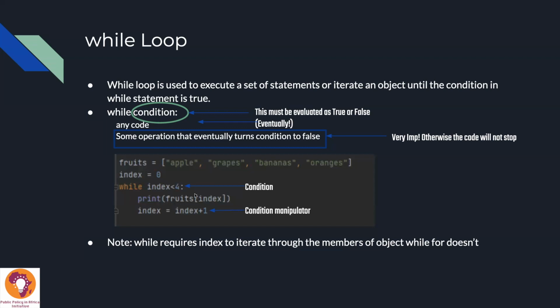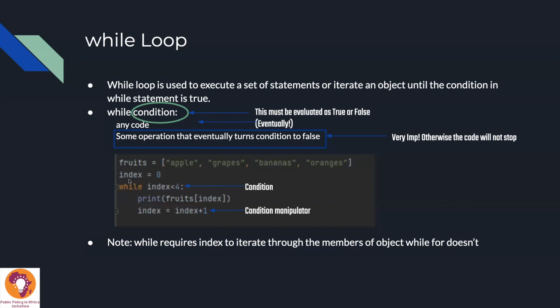In this particular case, we're going to create a list of fruits: apple, grapes, bananas, oranges. We're going to create an index variable and set it to 0 for now. This is a case where it might be better to use a for loop, but just for the sake of example, this is how you would use a while loop.